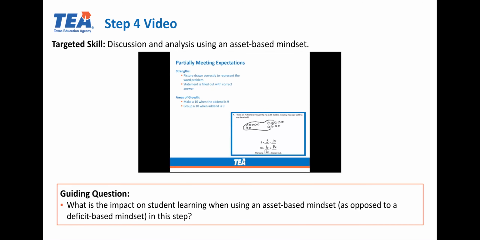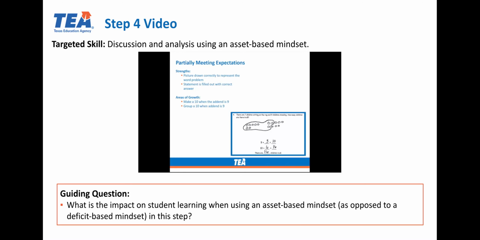Now we will move on to the partially meeting sample. Again, I'm using an asset-based mindset, so I begin by asking, what can this student do? This student has drawn a picture to reflect the numbers in the word problem and solved for the correct answer. They are also developing an understanding to group 10.